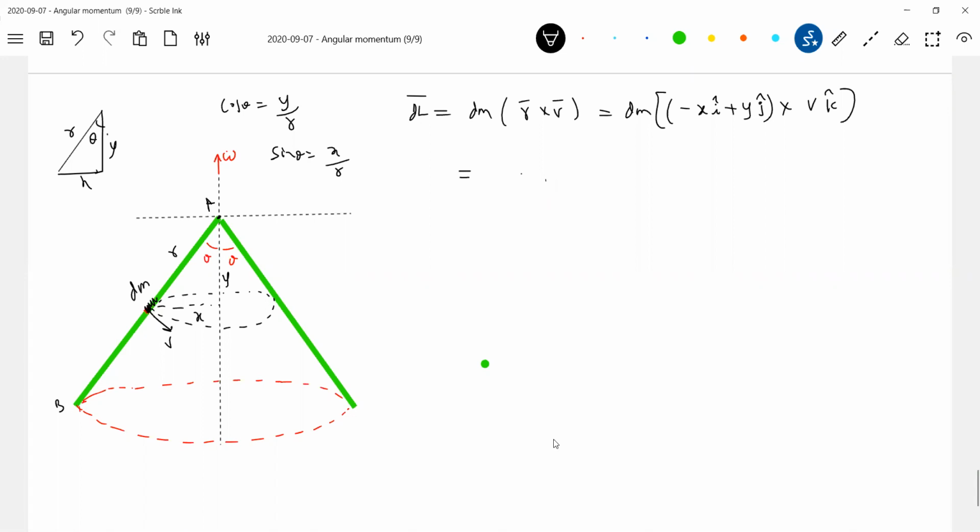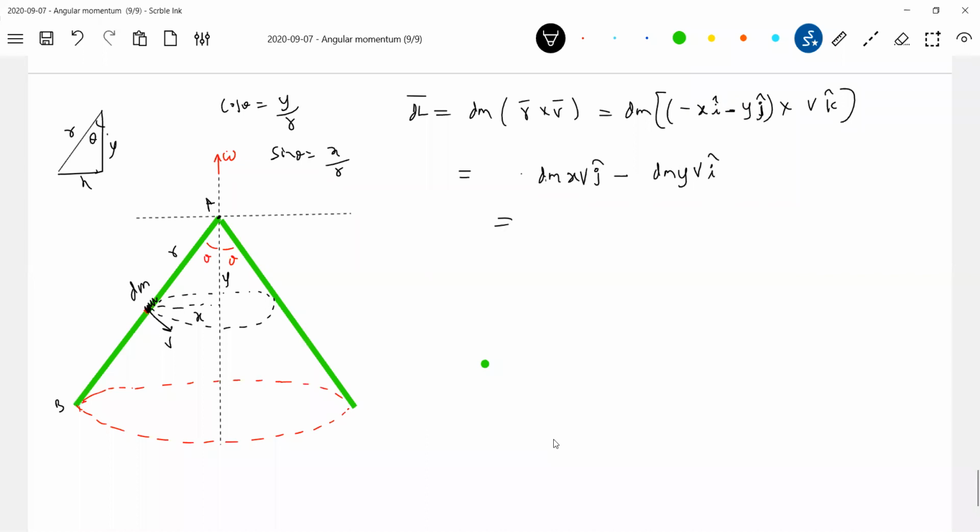So this will be minus dm x v, i cap cross k cap will be minus j cap, minus of minus plus, this will be j cap. Then dm y into v, j cross k will be i, so minus i cap here.